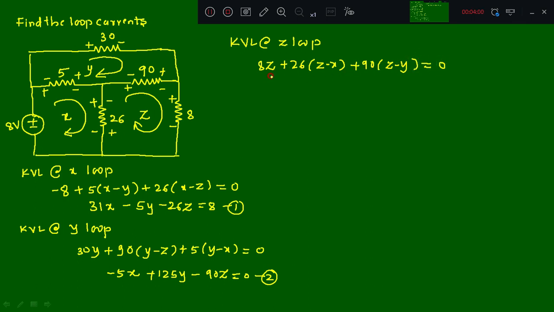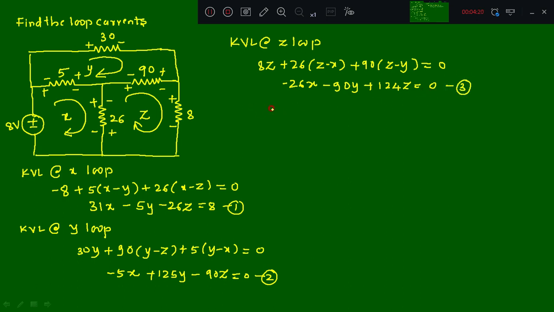Upon simplifying, how many X terms are here? It's minus 26X, right? Y term, it's minus 90Y, then plus 124Z, which is equal to 0. Call this equation number 3, right?